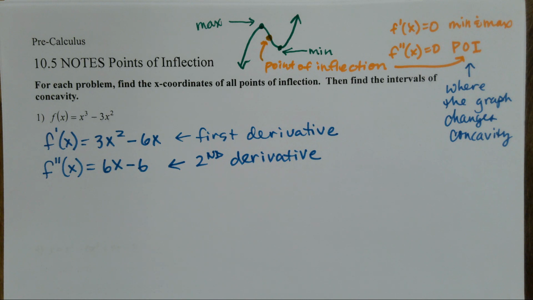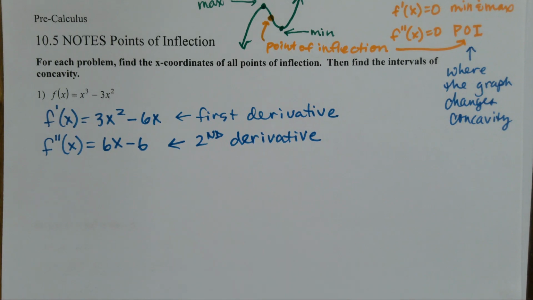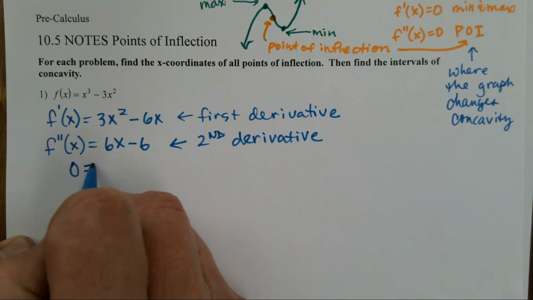But for us, the first derivative gives us our extrema, and the second derivative gives us change in concavity. So that's it. That's all. But there are different uses for it depending on the subject or the topic at hand. Okay? So just like before, I'm going to set it equal to 0.